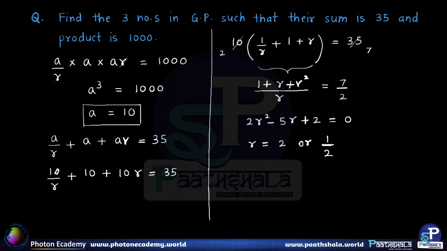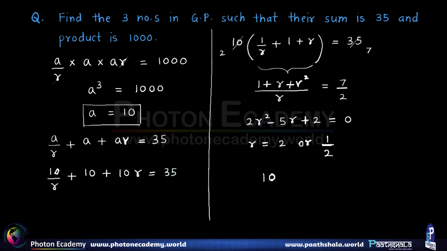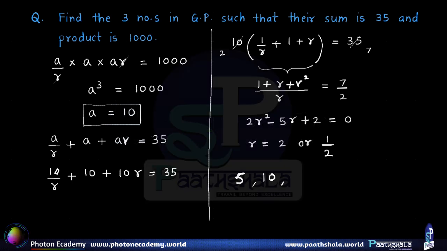Alright. So now let us see. We have the middle number A, which we have already discovered is 10. Now if the ratio we consider as 2, common ratio is 2, then the first term will become 5 and the last term will become 10 into 2, which is 20.